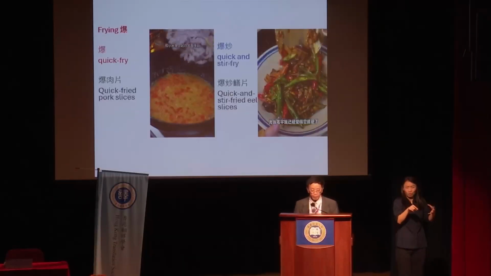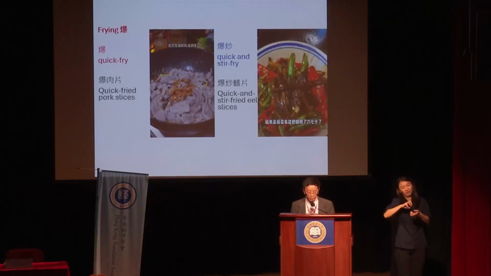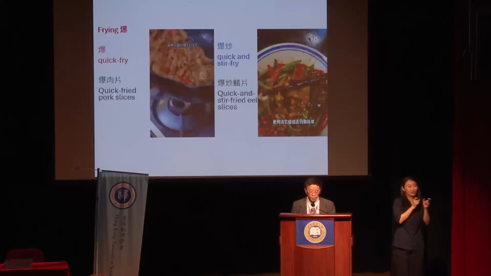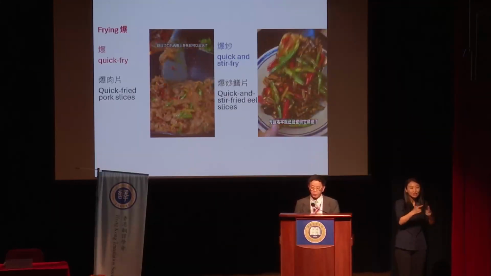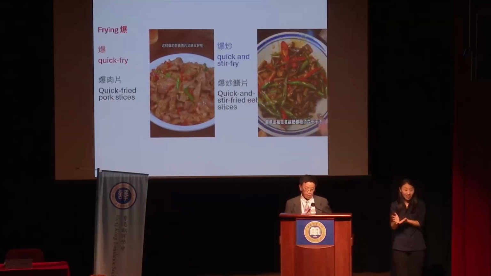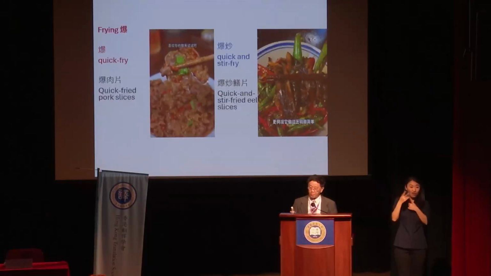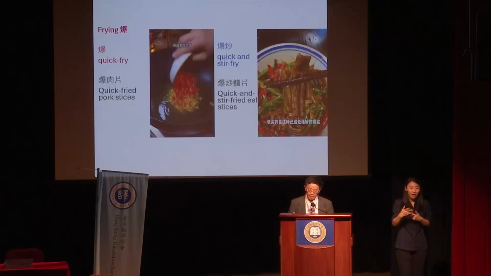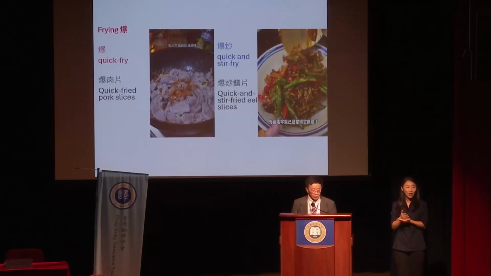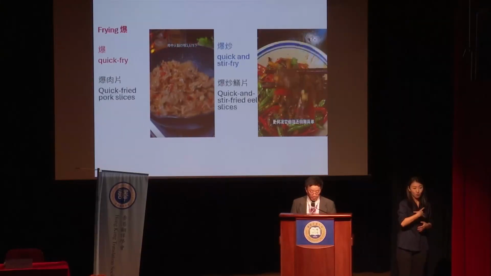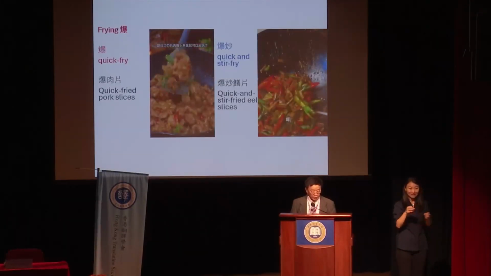Flying is a very complicated concept because we've got several words that can be translated as flying. That is why it's so difficult to use what we call AI to translate, because the same term in different contexts can be translated differently. Say, the word bao can be used to translate flying.